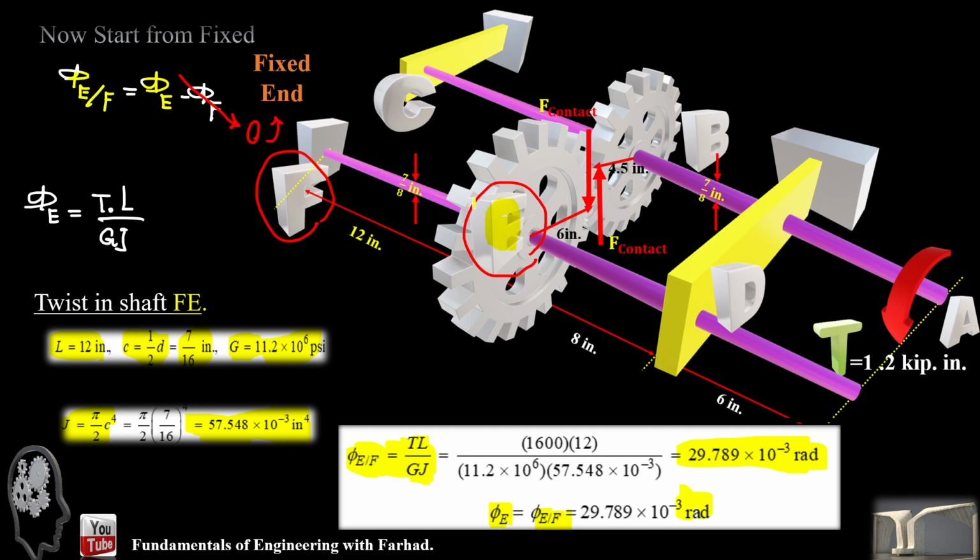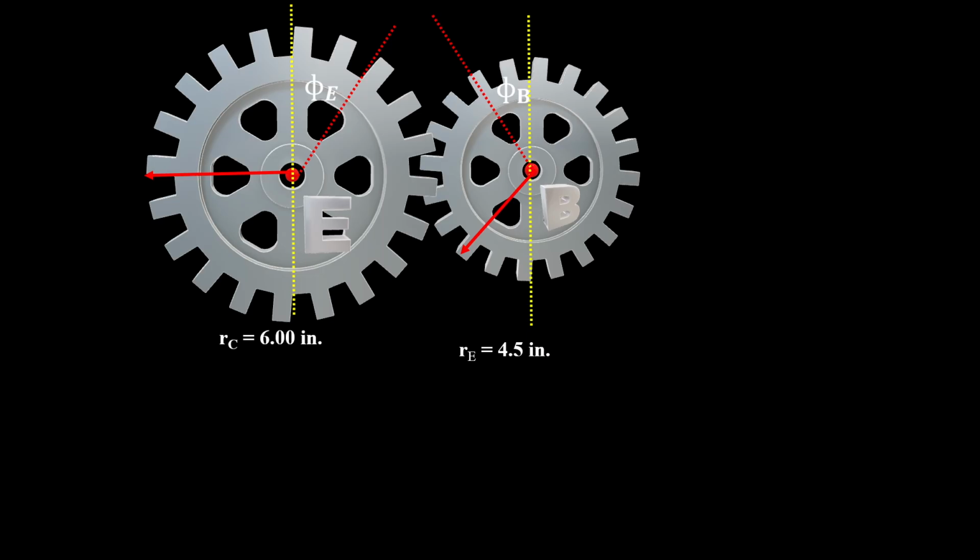So far we have started from F and gotten the angle of twist up to here, and we move our problem to B, then all the way to get the angle of twist at A. Let's jump to our gears again, gear at E and B, and use the kinematics for equal peripheral gear motion.